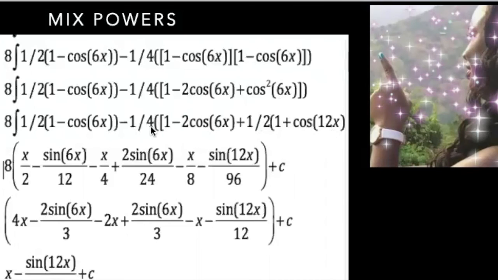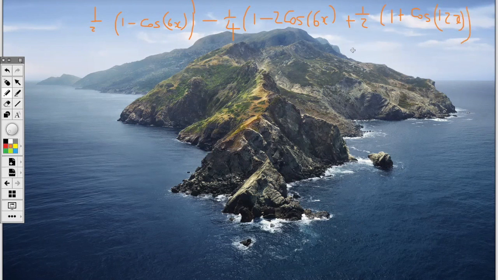So I'll be doing this simplification first. This is the line that we have: a half, open bracket, 1 minus cos 6x, minus a quarter, open bracket, 1 minus 2 cos 6x plus a half, open bracket, 1 plus cos 12x, close bracket. So multiplying the halves, a half times 1, that's a half.